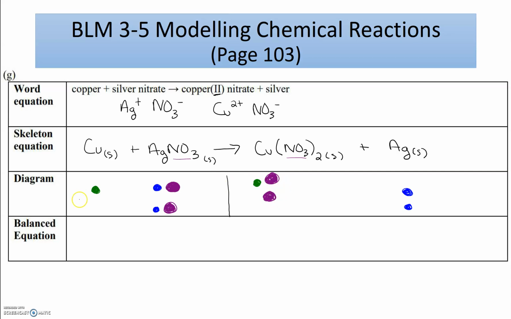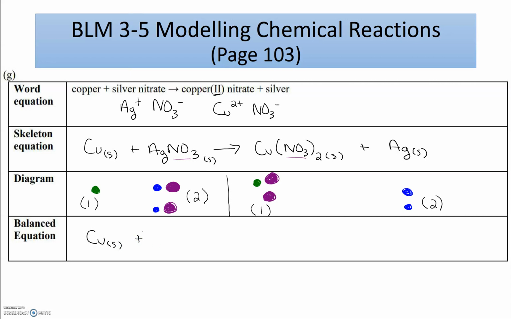So I drew 1 copper, I drew 2 of my silver nitrate, I drew 1 of my copper(II) nitrate, and I drew 2 of my silver. And the number that I drew is the coefficient I'm going to have for my balanced equation. So that means I'm going to have 1 copper. And remember, we don't actually write in the 1.